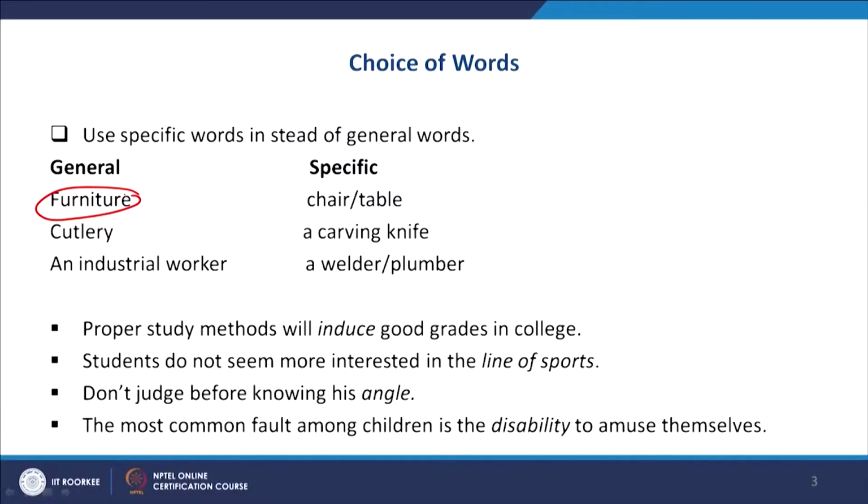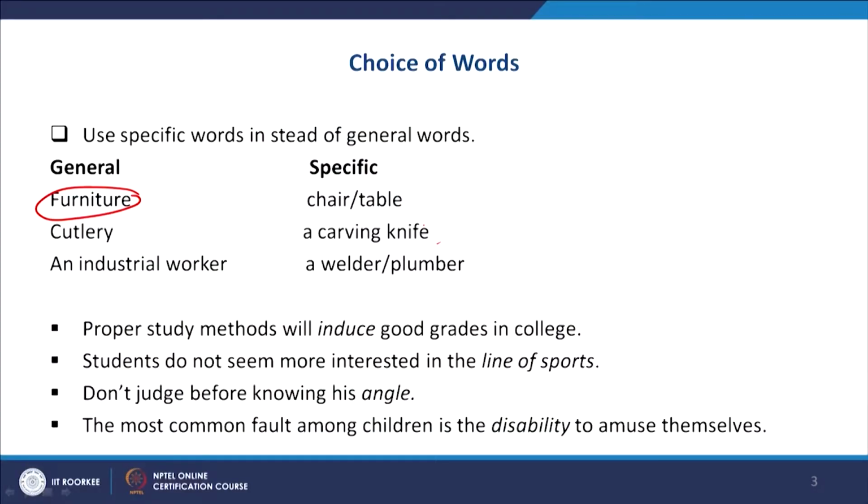with you. For example, if you say furniture, your readers may have different things in mind: chair, table, desk, bookshelf, whatsoever. So, here you have to make a specific use and say chair. Again, when you say cutlery, that also may include so many things, but in order to make it specific, you can say a knife, a carving knife, a fork, or whatsoever.